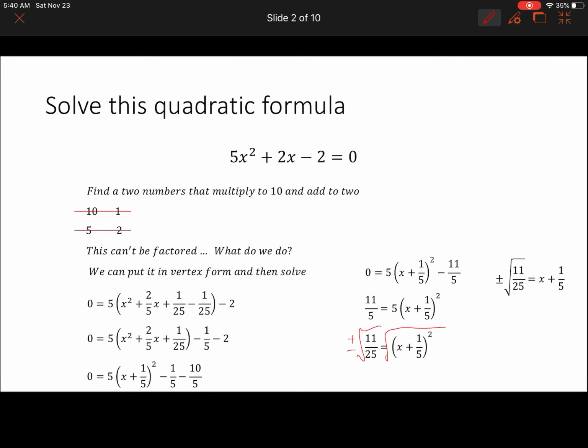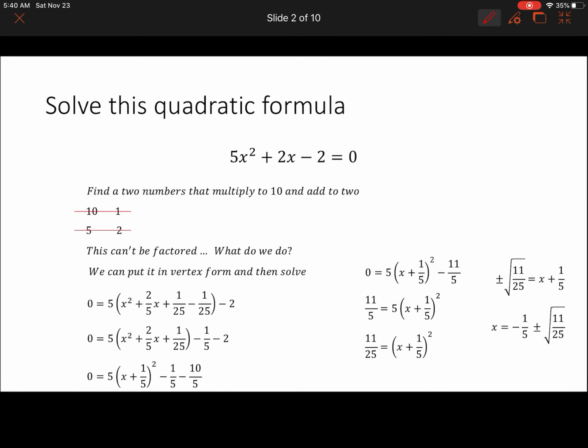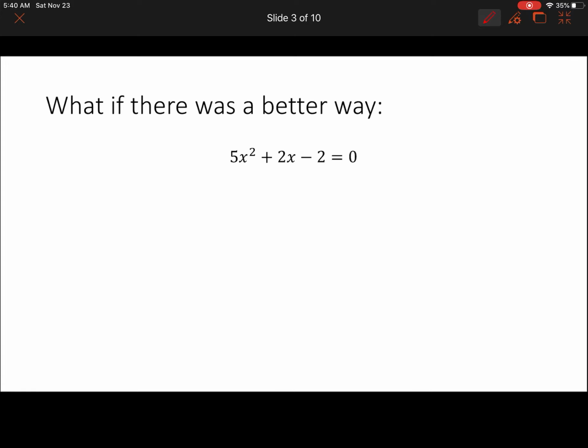Of course, there's two possible answers here. And then we have to bring this to the other side to isolate for x. I know it's starting to look ugly. Luckily, we won't have to do it this way. There's a formula. I'm just showing you why there's a formula so that we don't have to do this every time. There's two possible numbers: negative 1/5 plus or minus this value. And those are my two answers.